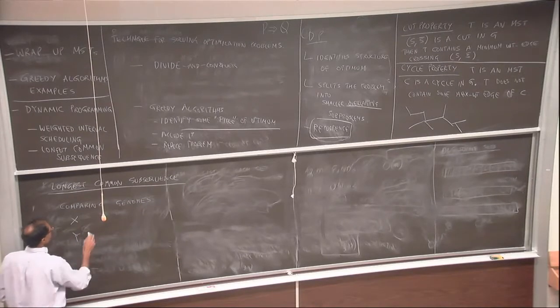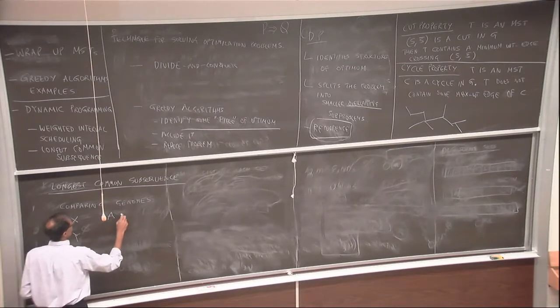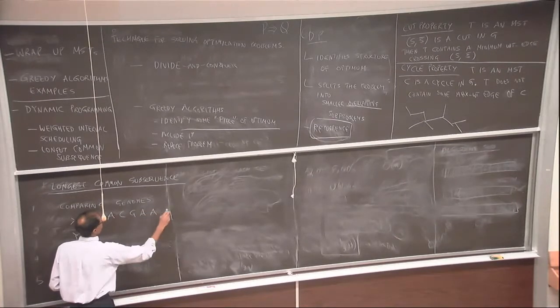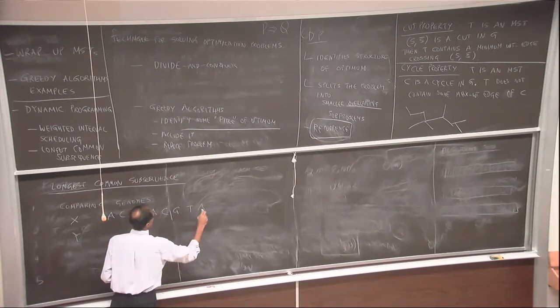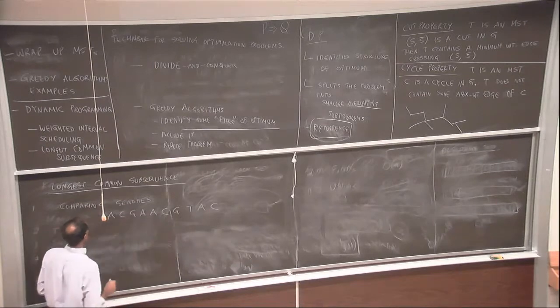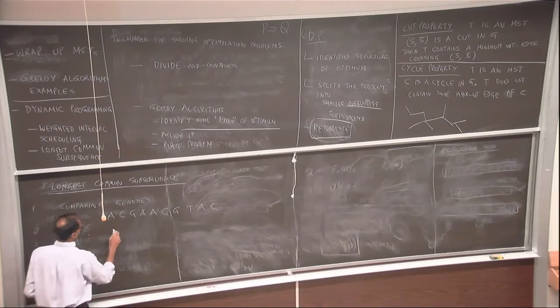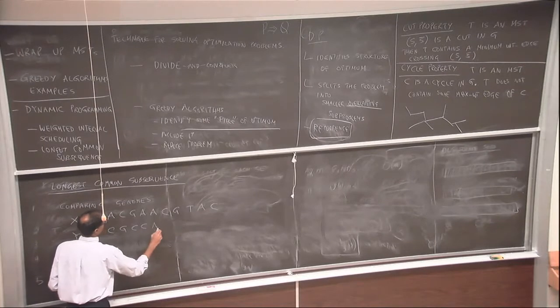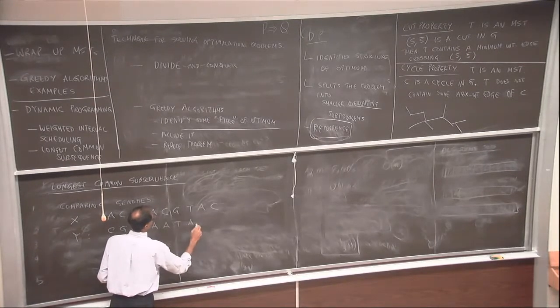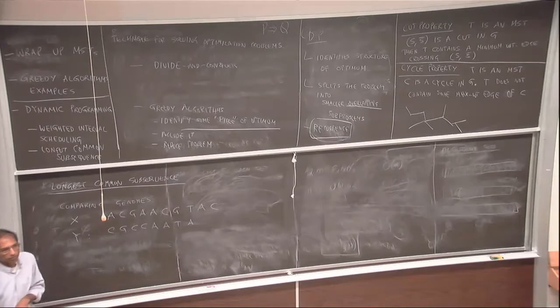Sequence X is some number of characters, and then I give you sequence Y, another number of characters, and I ask you to find the longest common subsequence. What do we mean by subsequence? There could be different definitions of it, but for this problem it's very clear.